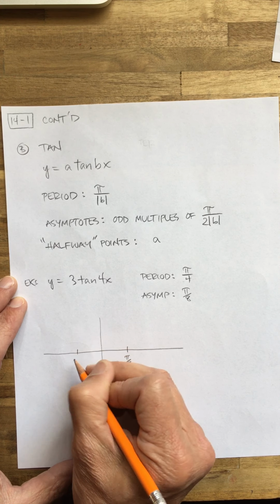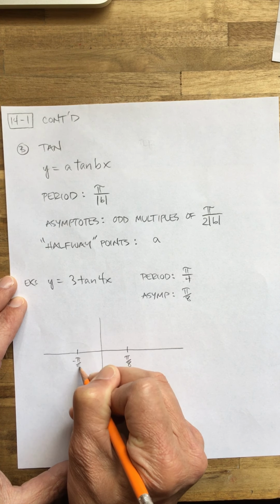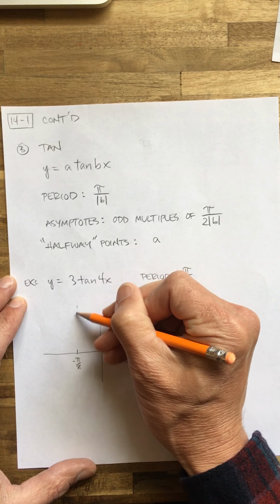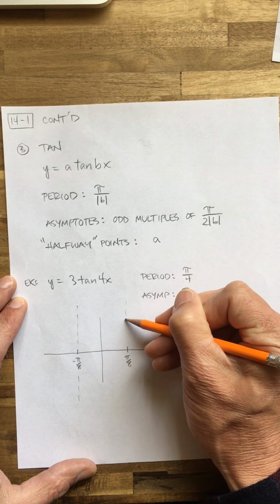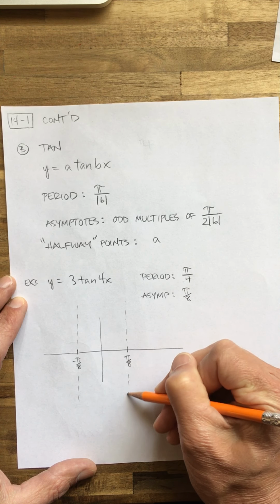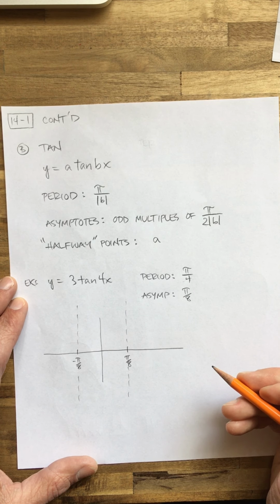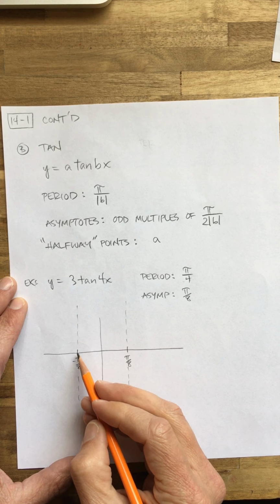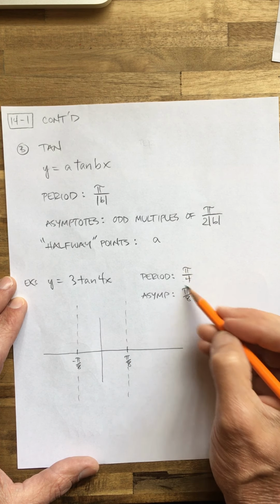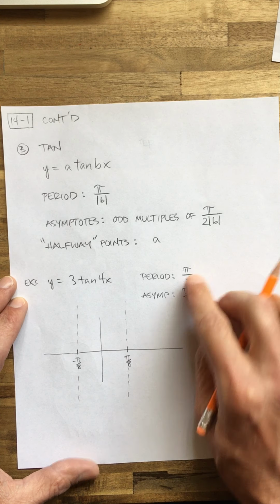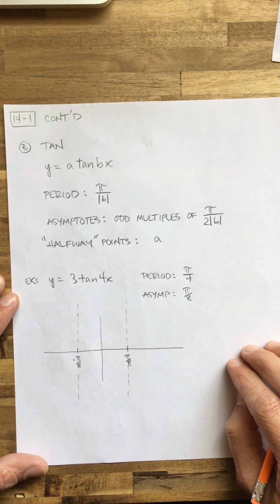Negative pi over 8, right? Negative 1's an odd number. So now here's my first set of asymptotes where I'm going to have a tangent graph in there. And what is the distance from negative pi over 8 to positive pi over 8? You guessed it, pi over 4. You see how all we did was cut that in half? Split the difference, kind of.